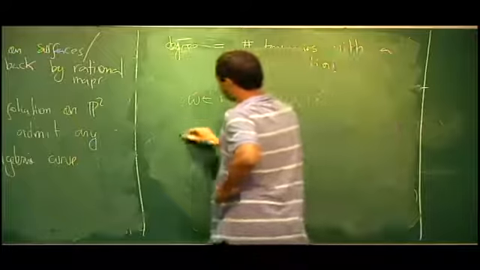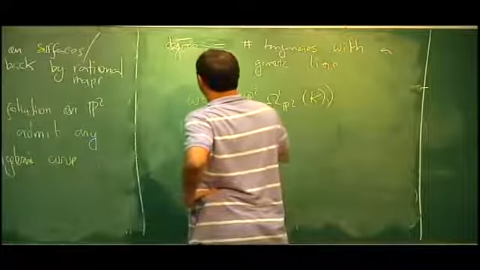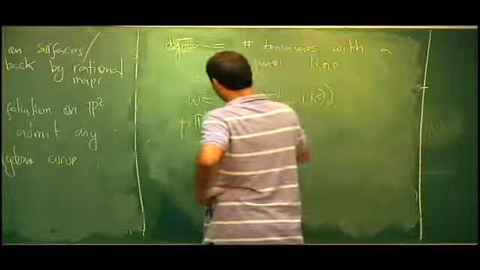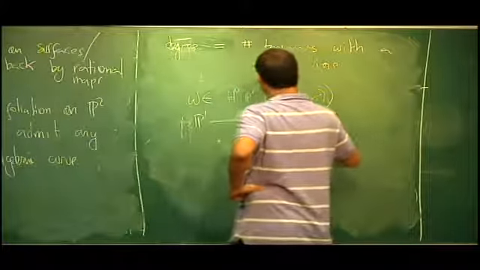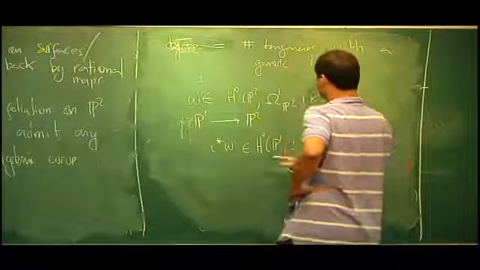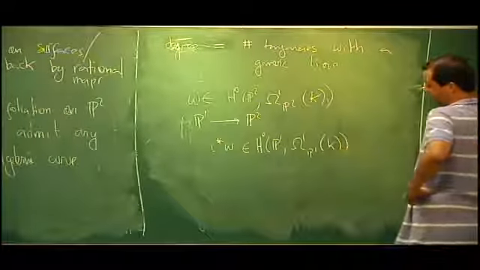Then the tangencies can be seen as follows. We look at the inclusion of a line into P2, the linear inclusion. We pull back this one form to obtain a one form on P1 with coefficients in the line bundle O(K).